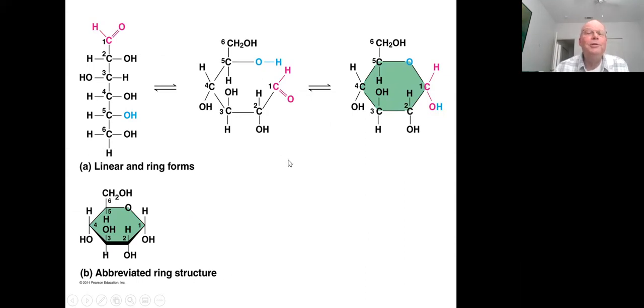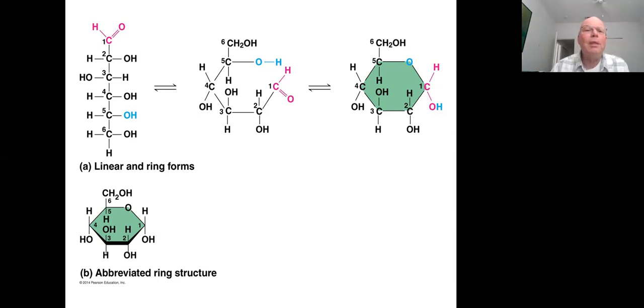And while you don't need to know exactly how the linear form forms up, if you take organic chemistry, which some of you will if you're going for a biology degree, you'll learn how the circularization takes place because it's important for organic chemistry. Here, I'm not really interested in you understanding how it takes place, just that it does take place and that it has consequences for how the polymers form up.